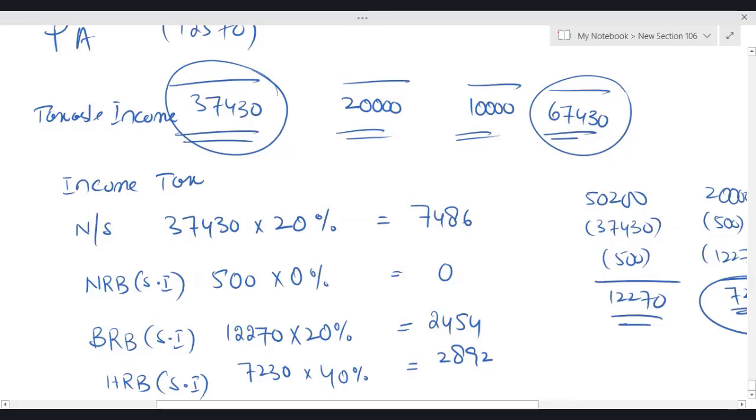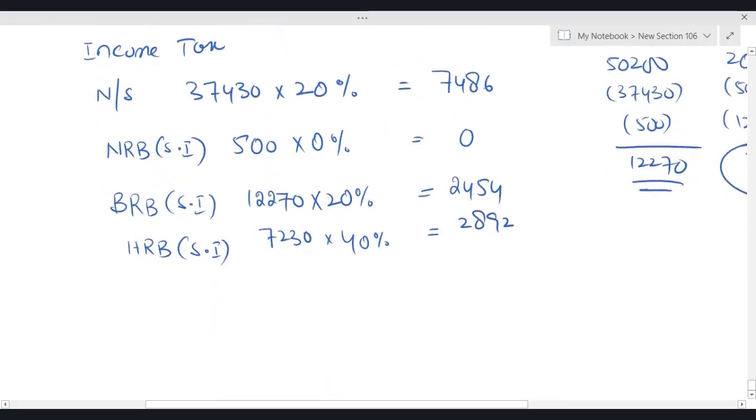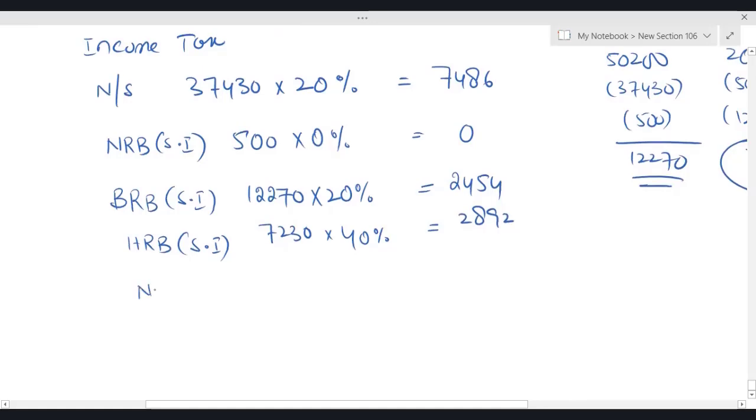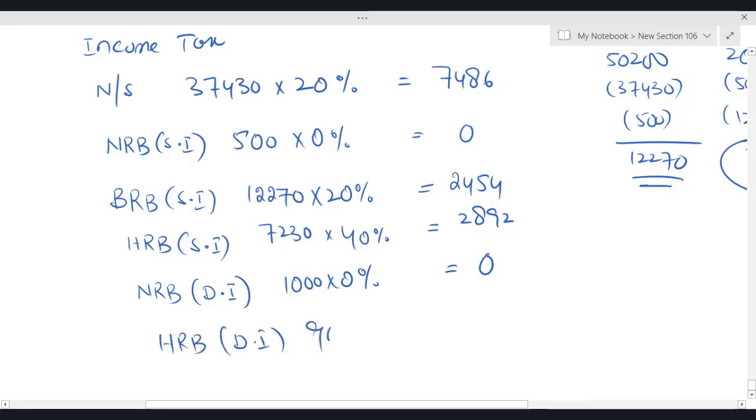For dividend income, we have already decided every individual gets a nil rate band of £1,000. Obviously, the remaining dividend income, which is 9,000, falls in the higher rate band.